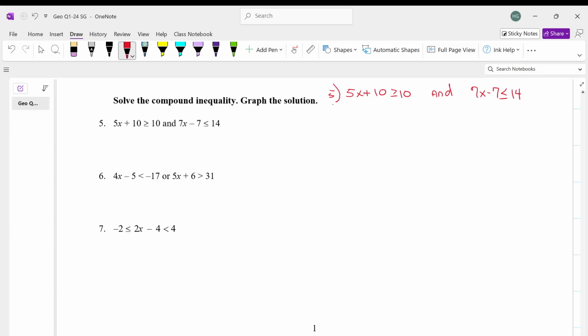So we're going to solve each inequality individually. So subtract 10. And we get 5x is greater than or equal to 0. And then divide both sides by 5. We get an x that's greater than or equal to 0.